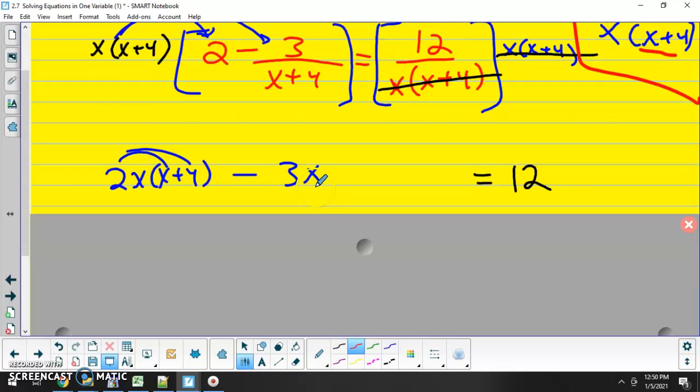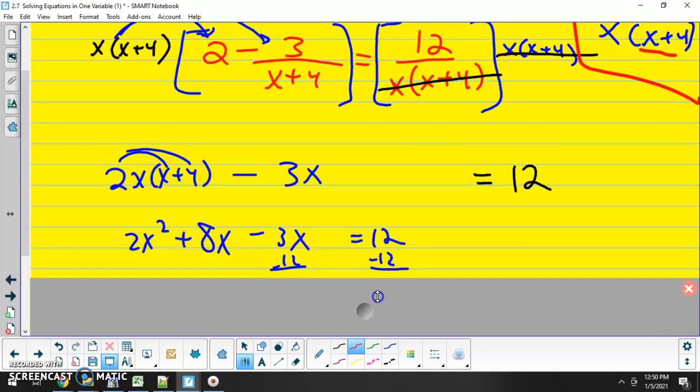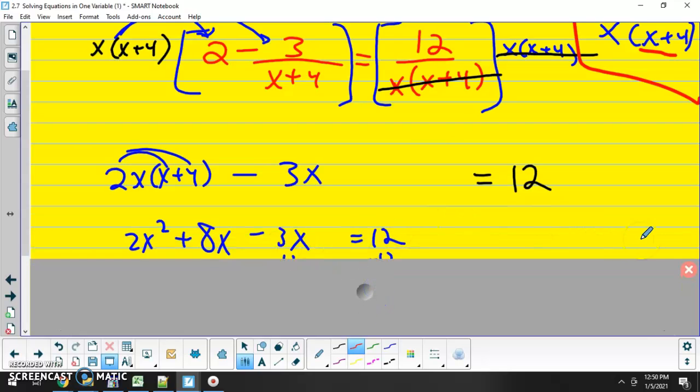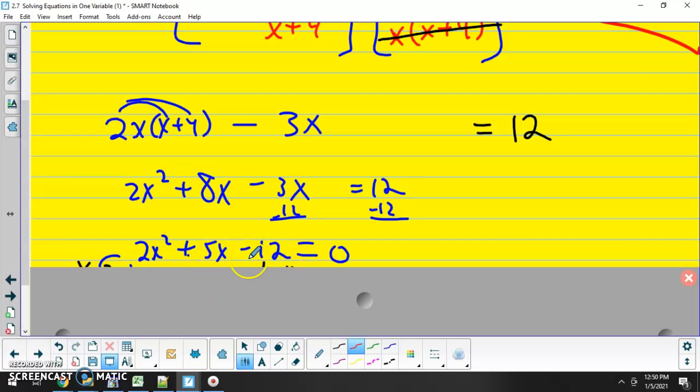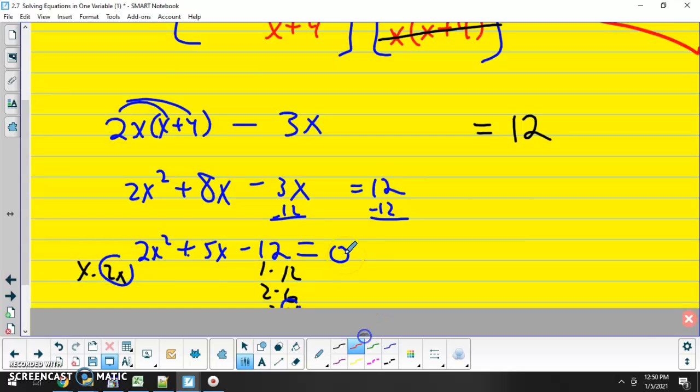but you have to distribute first. All right, likewise, as before, it's an x squared equation, so we want to try to get all the terms on the one side and set it equal to 0. So we do that, and now let's see if we can factor to get 5x. So we have 2x and factors of 12.